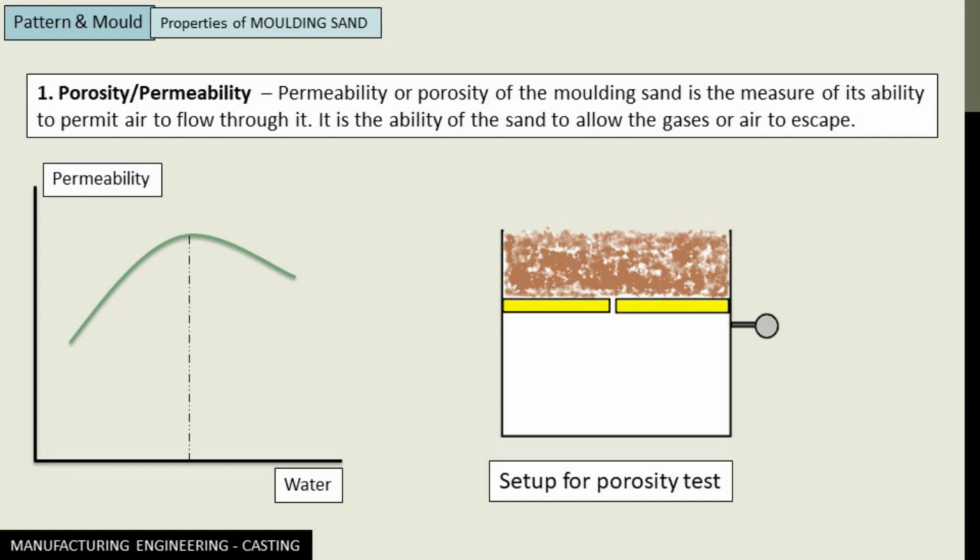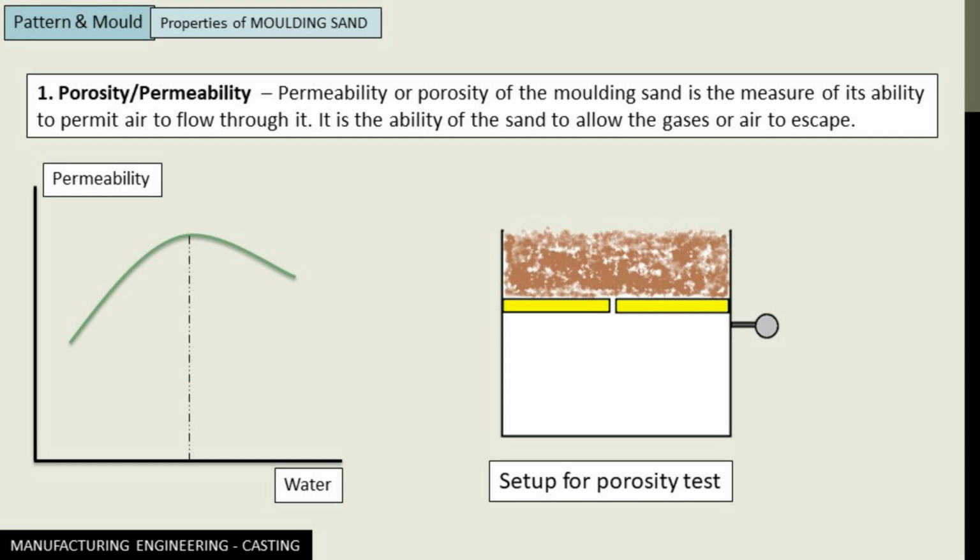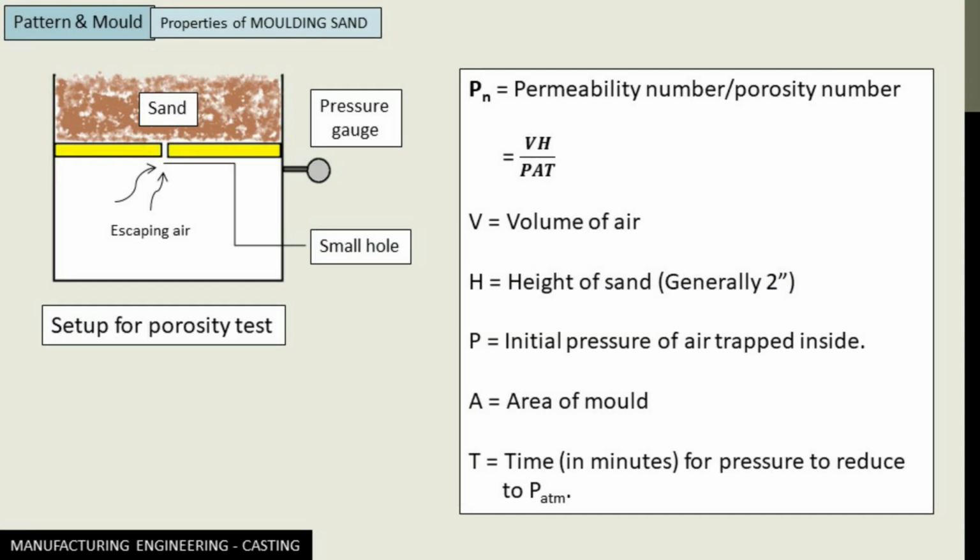Below the flask, gas or air is entrapped and we monitor the pressure of this particular gas or air using a pressure gauge. We monitor the pressure of the escaping air present in the bottom flask. This air is escaping through the small hole provided, towards the sand and then to the atmosphere.